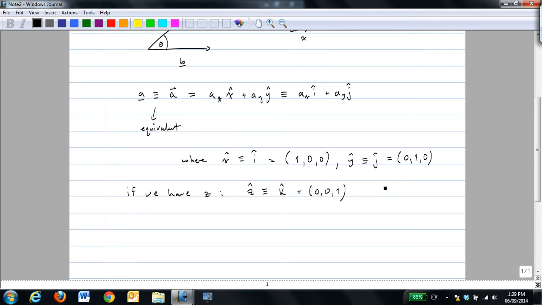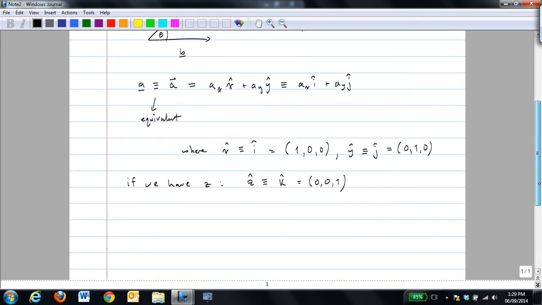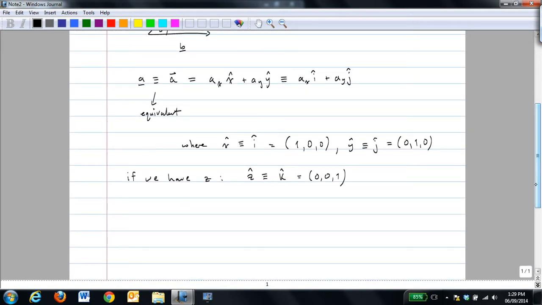I noticed in the textbook for this course, they also used little e's, like little e i. If you have an arbitrary coordinate system, these e i's just represent the unit vector for each coordinate.